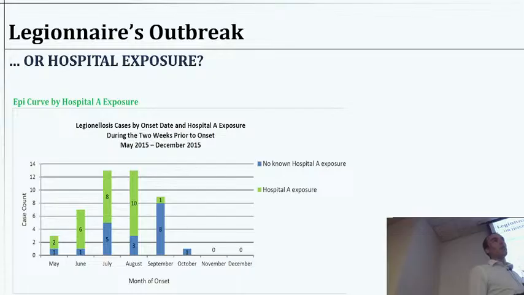We saw the data from the previous years. There wasn't a bunch of Legionellosis anywhere. So there's a combination of hospital A's managing their water system, which highlights the importance of that, and the fact that Flint River water disrupted things. Any other questions before we go?